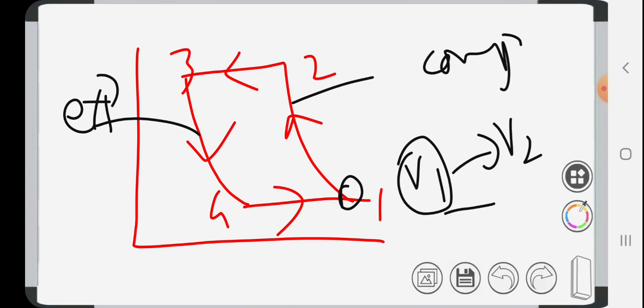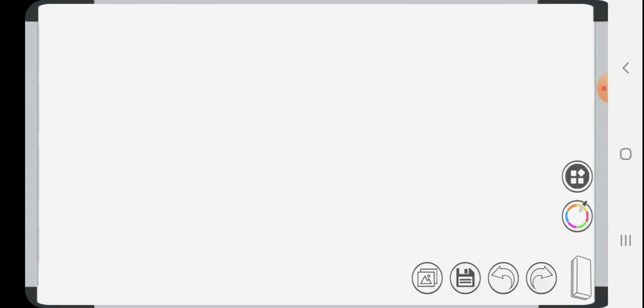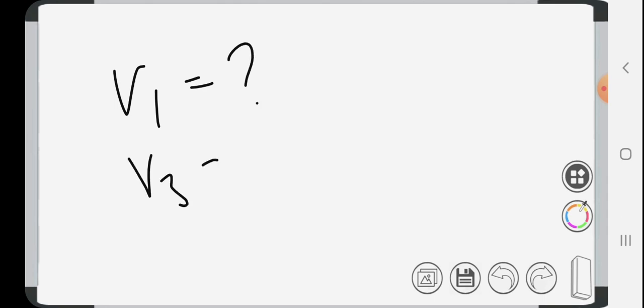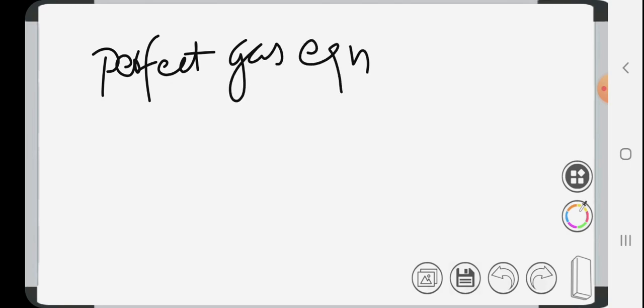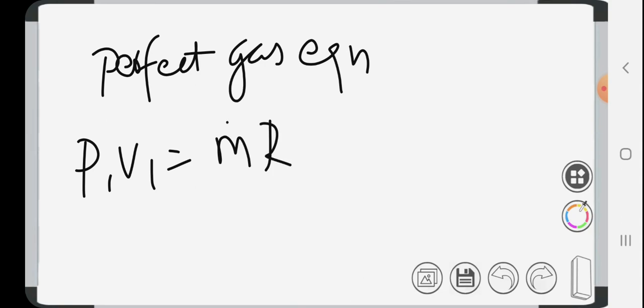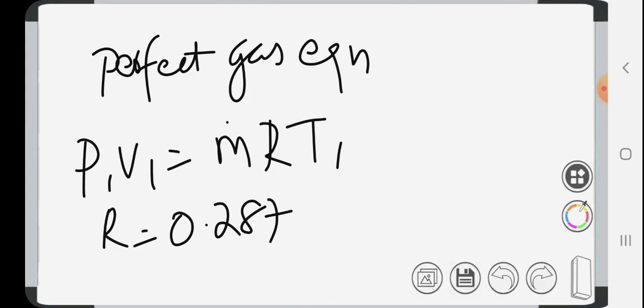For the expander, it will be V3. So V1 is to be found out, and V3 is also to be found out. So how to find V1? Since we are using air as working fluid, we can apply the perfect gas equation. P1 V1 equals m dot R T1, where R is 0.287 kilojoule per kilogram Kelvin for air.